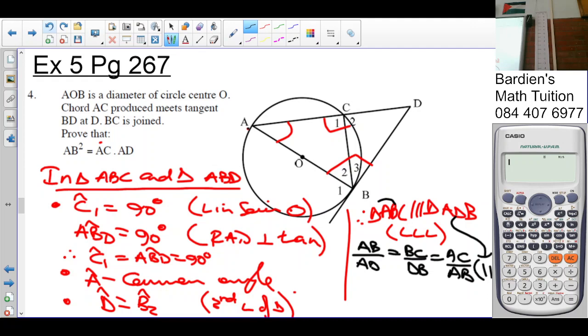They want AB squared, so I must use AB twice. So we cross multiply: AB times AB, AB squared, is equal to AC times AD. And that's what they want.